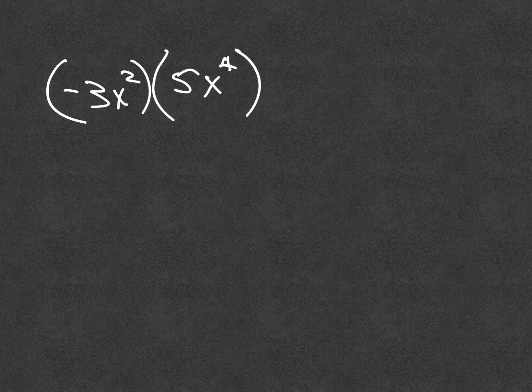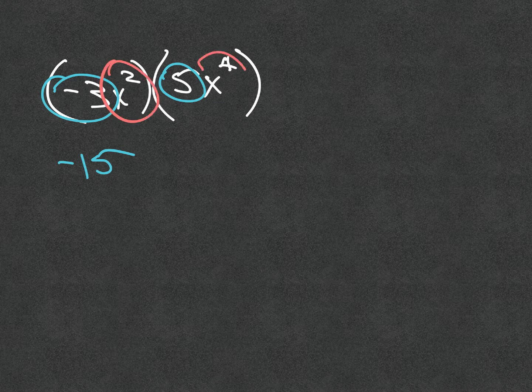Now basically, you're going to take the numbers, because you can always multiply numbers times each other, and we get negative 15 when we multiply a positive times a negative. Then we're going to look at my x squared and my x to the 4th. I can combine those because they're the same variable. And what do I do? I add the exponents. So when I add 2 plus 4, I get 6 there for an answer.